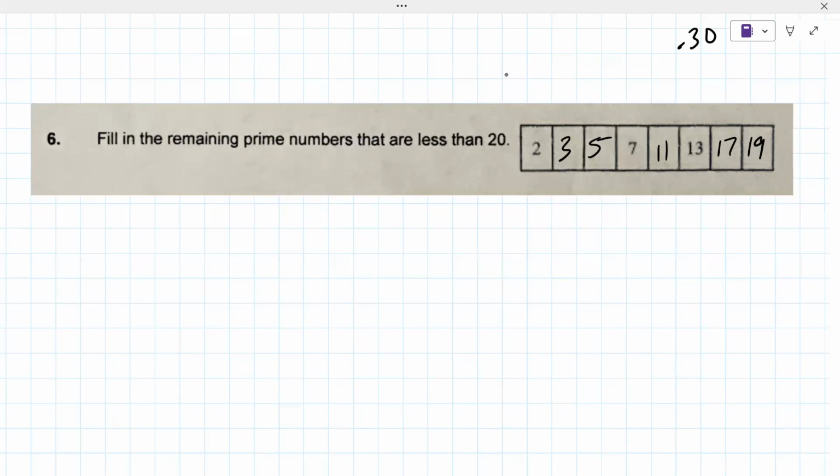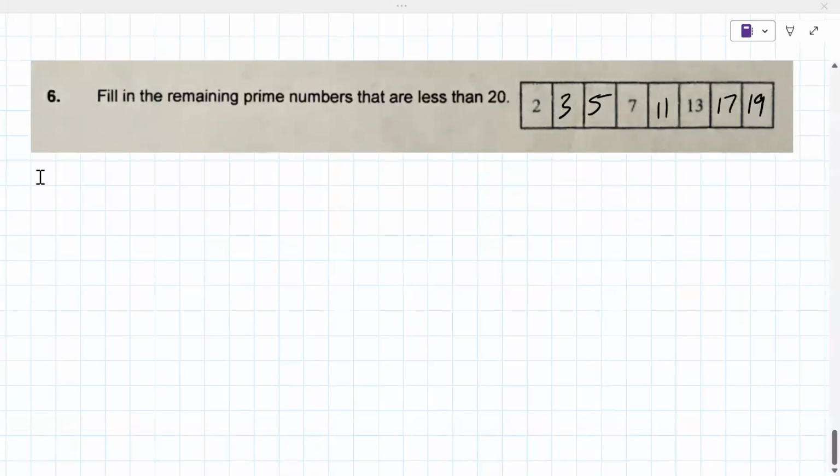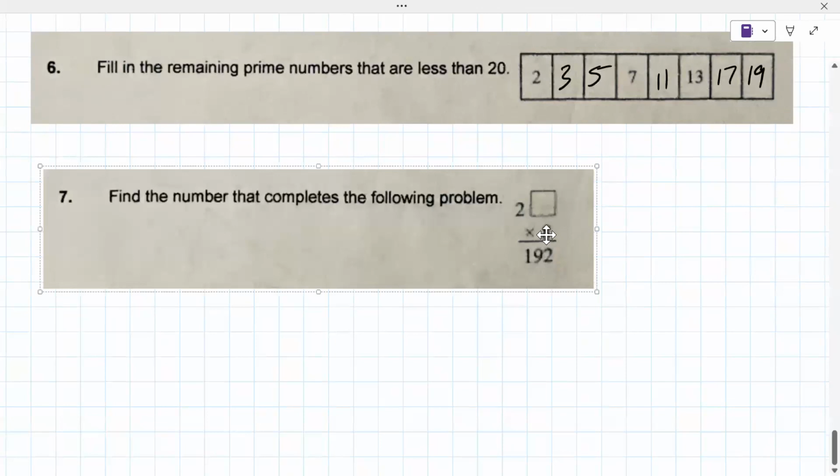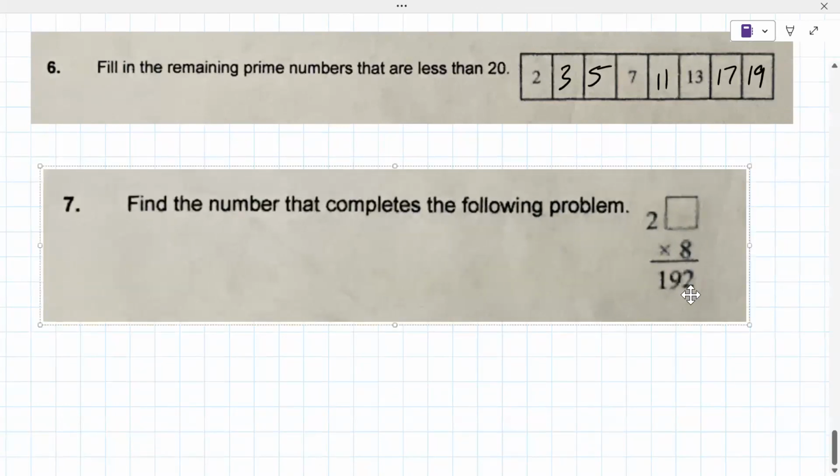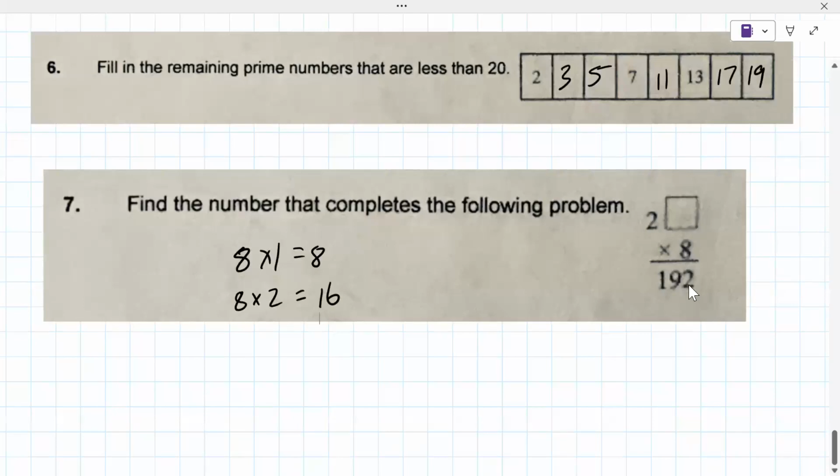So wouldn't the best way to solve number 7 be 192 divided by 8? Or another way to do it is to figure out what you multiply 8 by so that the number has a 2 in it. For example, 8 times 1 is 8, that's not it. 8 times 2 is 16, that's not a 2. 8 times 3 is 24.